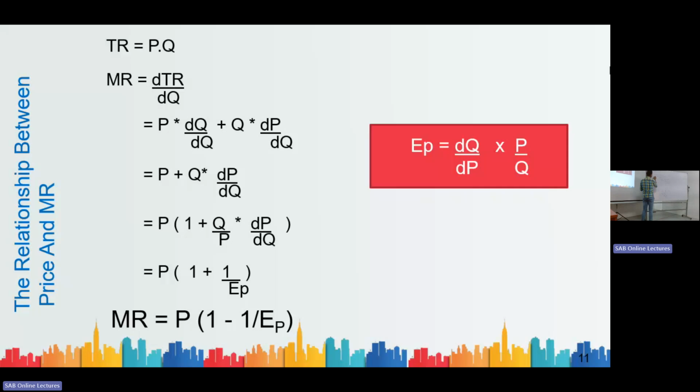In between the vertical intercept and the midpoint, demand is price elastic. Between the midpoint and the horizontal intercept, demand is price inelastic.